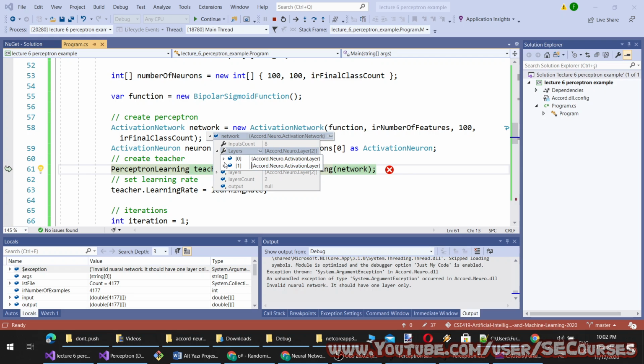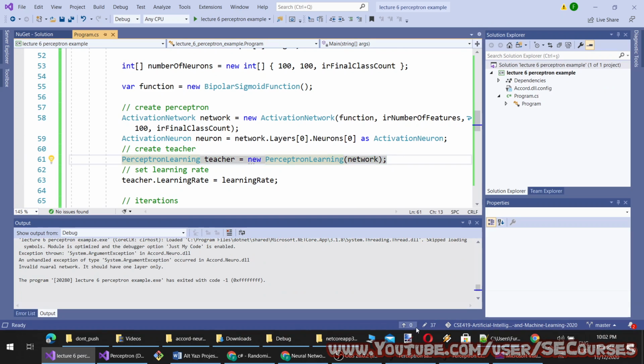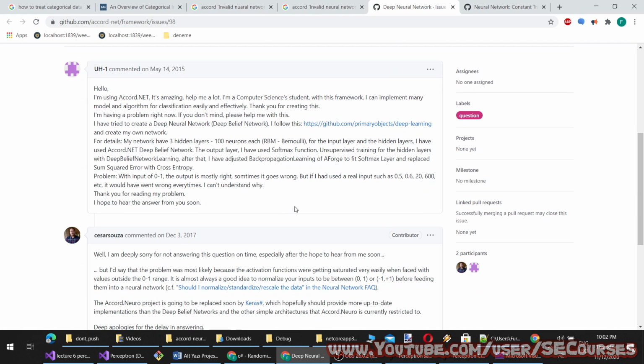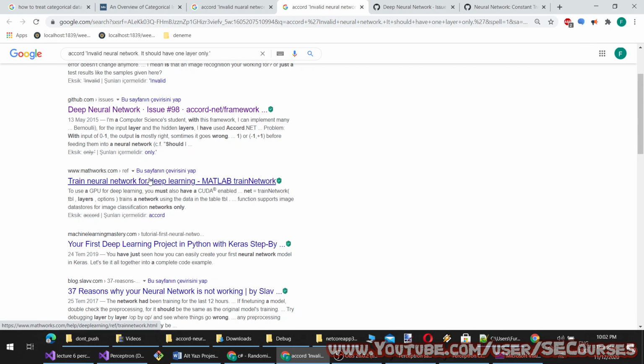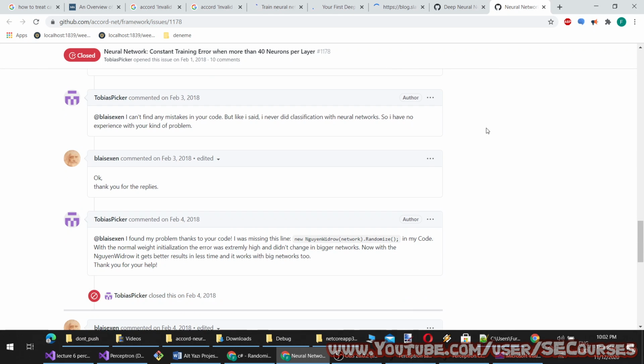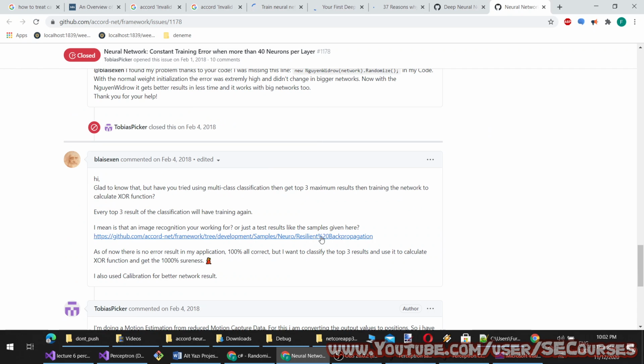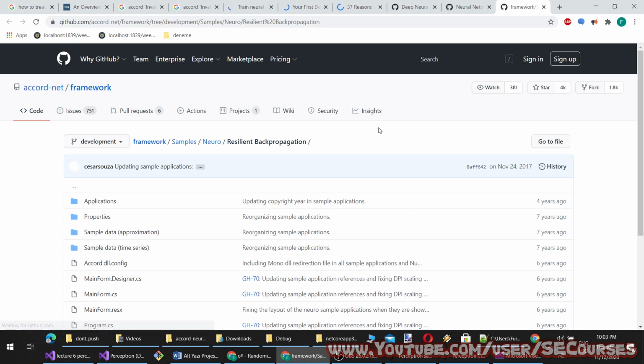Layers, activation layers, inputs count. There is another example.